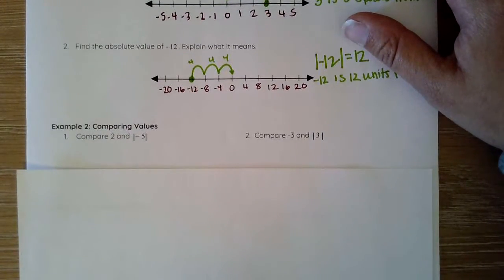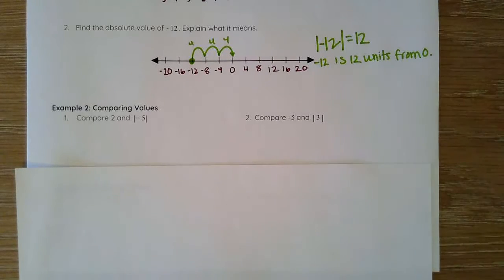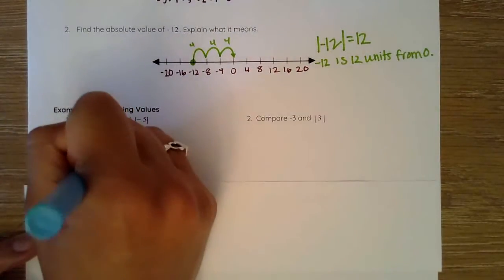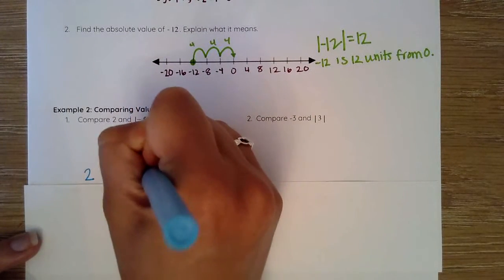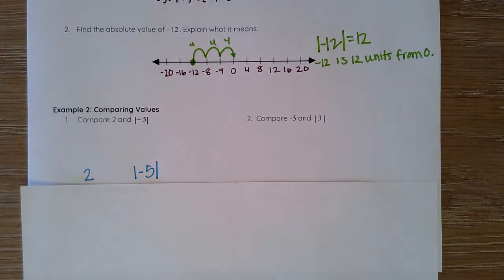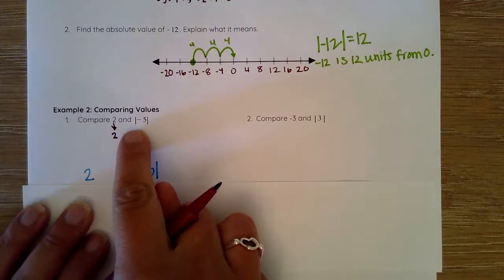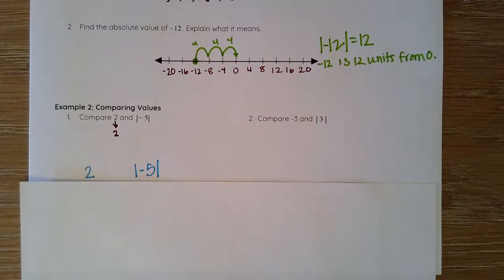The first thing that we might see is comparing absolute values. So if I'm comparing 2 and the absolute value of -5, I like to simplify it. I don't want to just use the numbers I have here. I want them to be in simpler form. So 2 stays 2, but the absolute value of -5 can be simplified down to its most simple form.